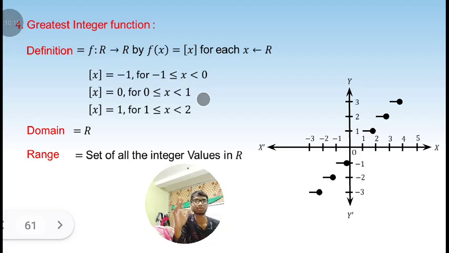Whatever number is coming between 0 and minus 1 will be the greatest integer function, and 0 between 0 and 1, including 0, so between this will be the greatest integer function, and between 1 and 2 including 1 and excluding 2 would be the greatest integer function. It will happen with all integer numbers in this.